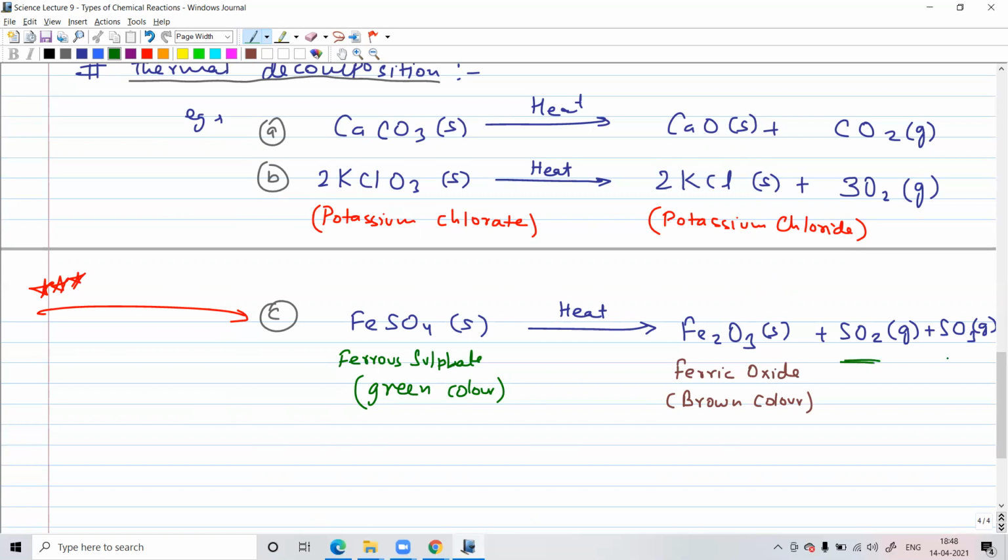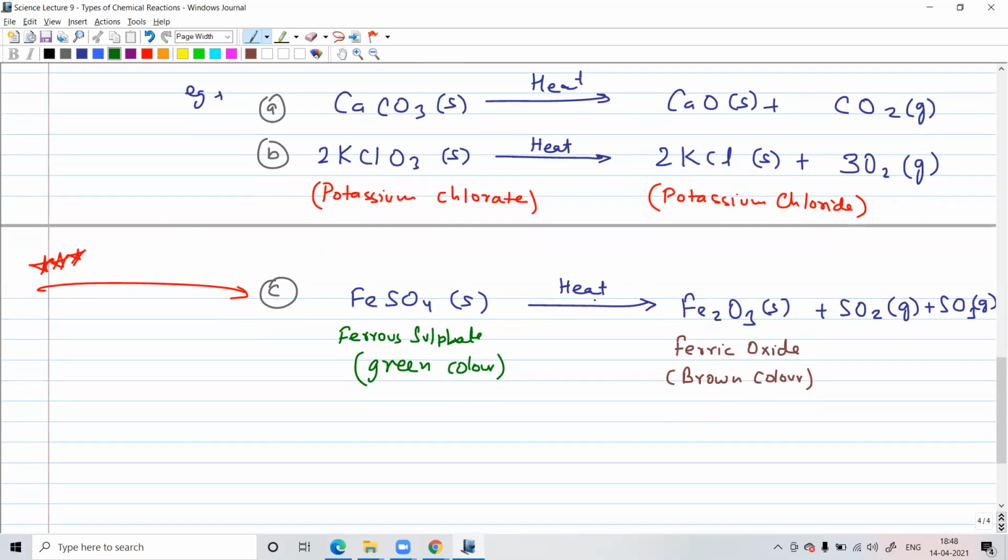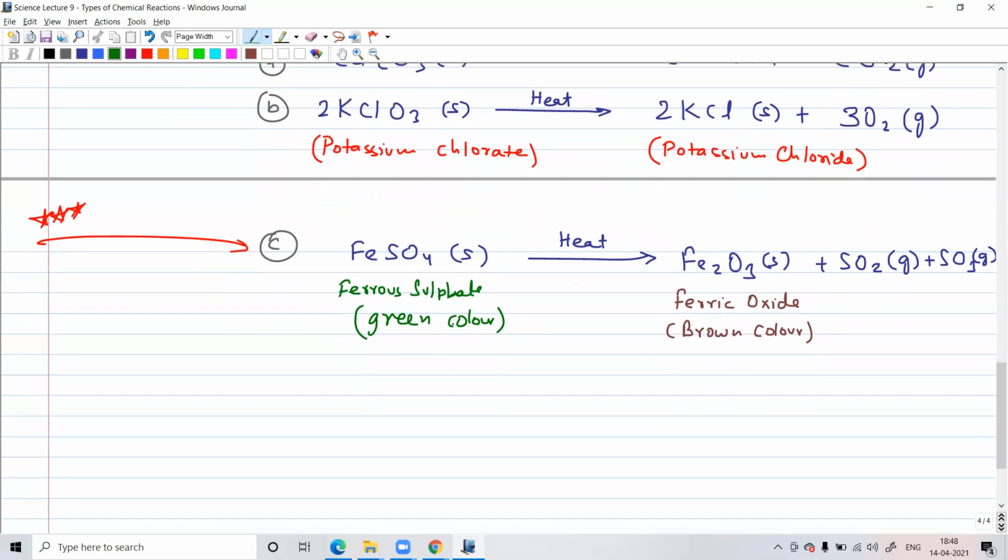This is your sulfur dioxide and this is sulfur trioxide. So ferrous sulfate broke down into these three compounds. Why? Because of heat. All these three reactions are decomposing because of heat. That's why they are examples of thermal decomposition, and of course, they are all examples of decomposition reaction.